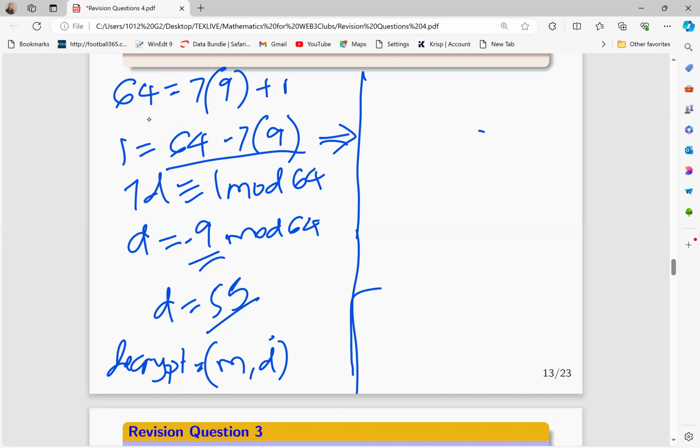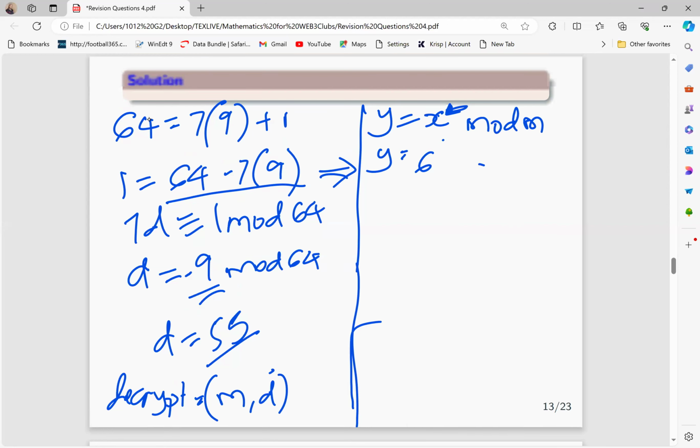So we have to find Y, which is X to the power E mod M. X is 6.